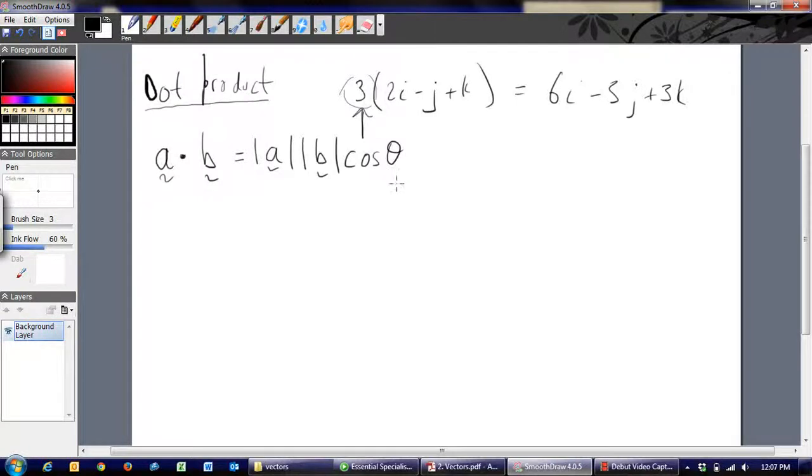Now, you just have to be careful here. This theta here is the angle that's between the two vectors when you draw them tail to tail. So if there's our vector A and there's vector B, the cosine is this angle in here, so there's theta there. Just be careful, it's between the tails. If you draw it tail to head, and put them together, that's the angle there.